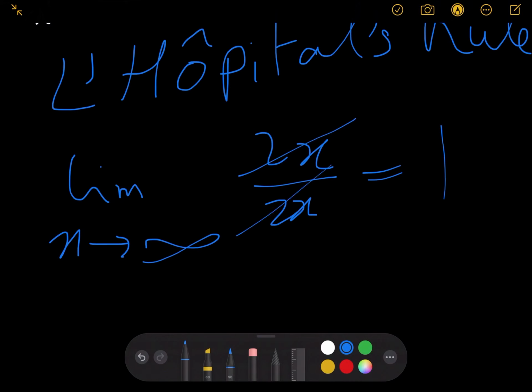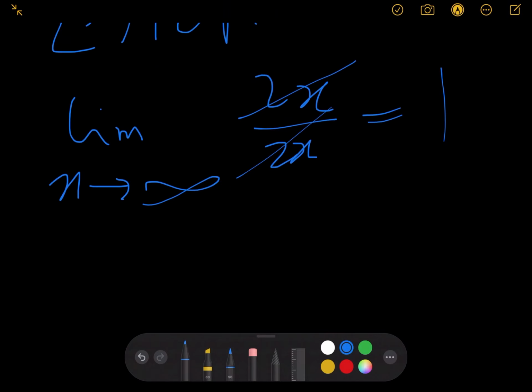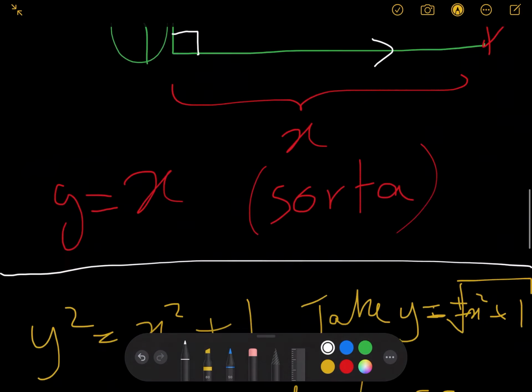You aren't really going to sub in x tends to infinity. And if you really want to go a step further, you can again differentiate this and you get limit as x tends to infinity of 2 over 2. So that's definitely just going to be 1. That's pretty much the analytic justification for why a hyperbola has an asymptote.